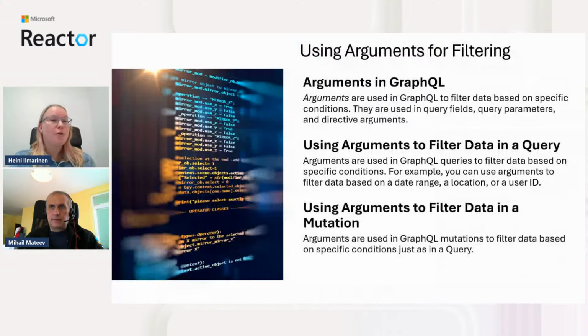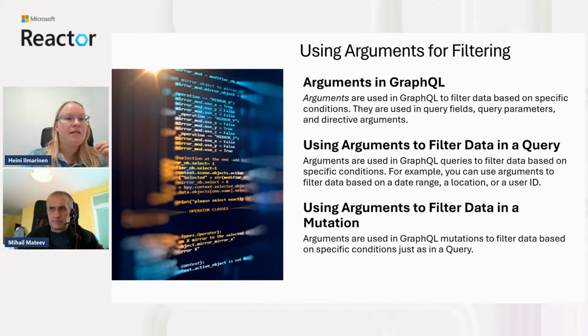What we might also use for filtering in GraphQL is arguments. For example, we might use arguments to fulfill specific conditions. We can use them in query fields, query parameters, or as a directive argument. We have some samples of these in the demo as well, but not for all of them.